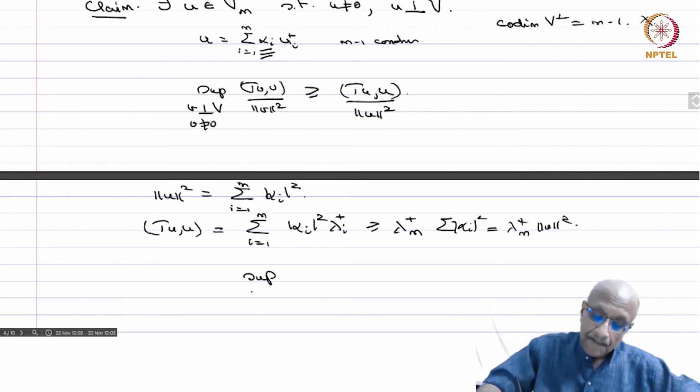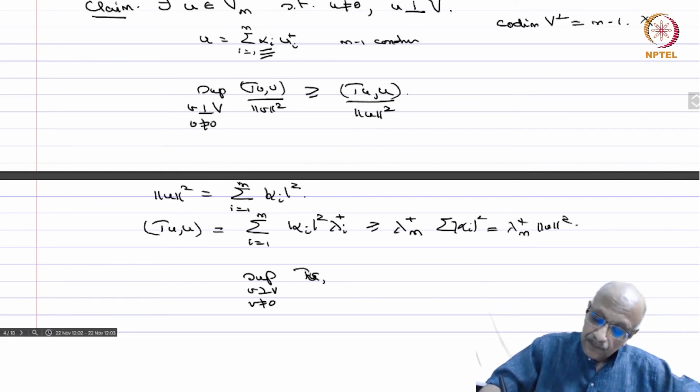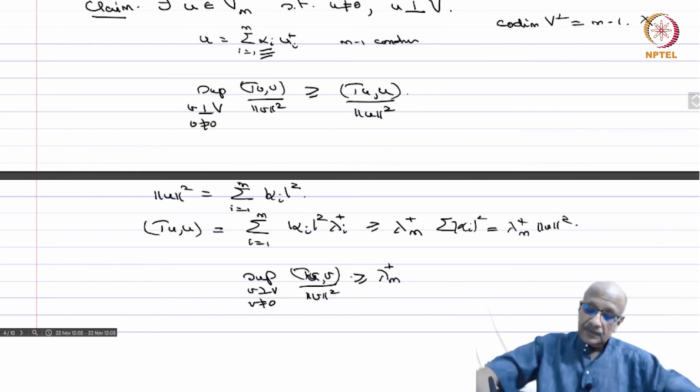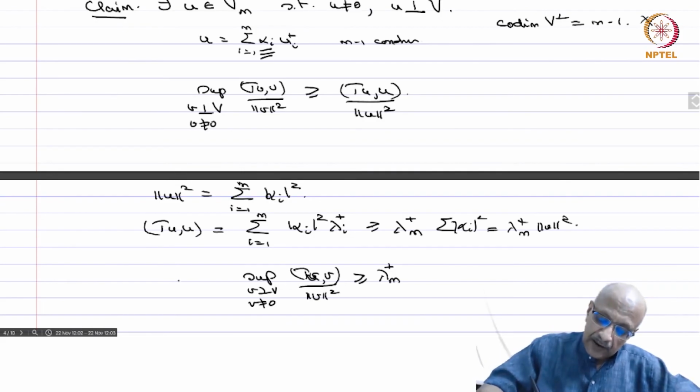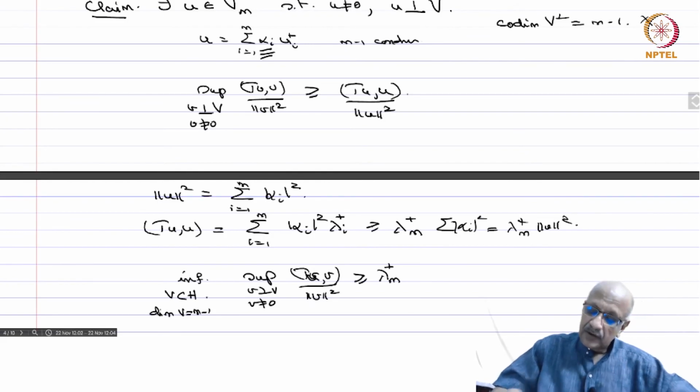Therefore sup over v in V, v not equal to 0, of T v v by norm v square is greater than or equal to lambda m plus. And this is true for any m minus 1 dimensional space. Therefore, if you take the inf over V contained in H, dimension V equals m minus 1, this is still true.